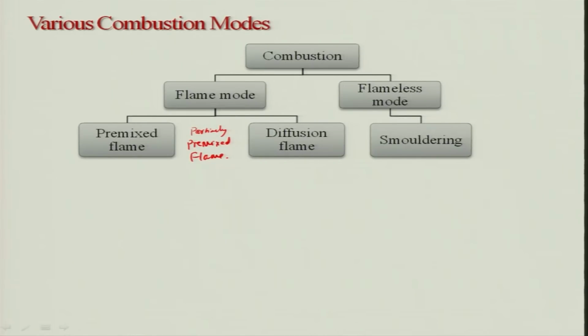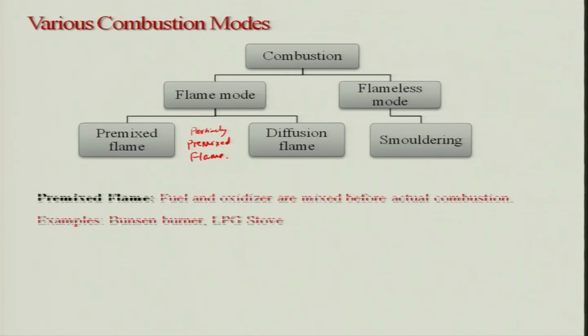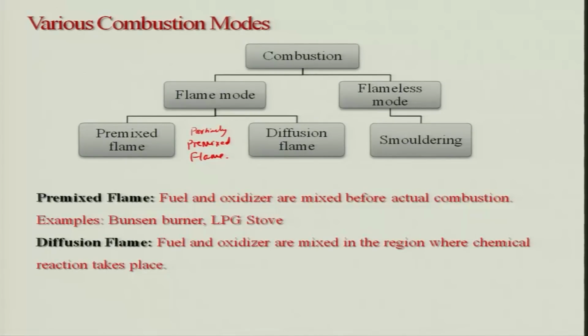Premix means where fuel and oxidizer are mixed before the combustion takes place. Examples are the Bunsen burner, LPG stove and others. Whereas the diffusion flame is where the fuel and oxidizer are mixed on the surface of the flame, during the combustion. And partial premix is in between. Premix is like a love marriage.